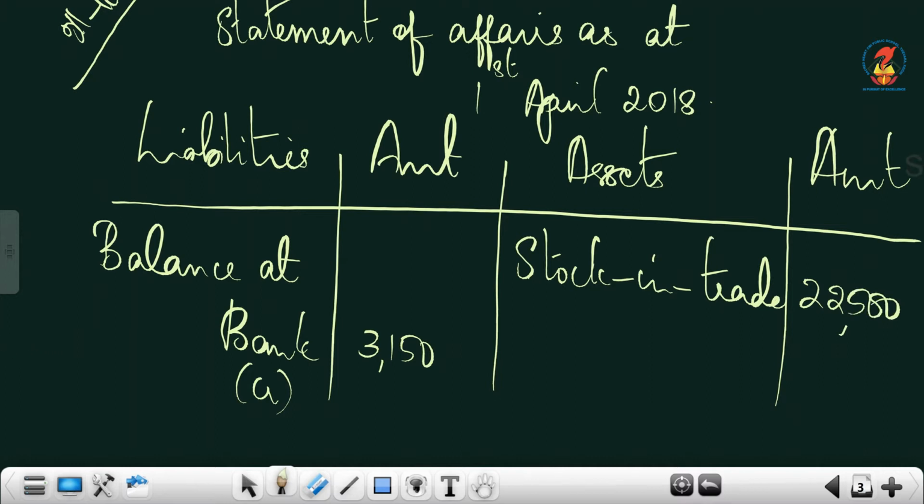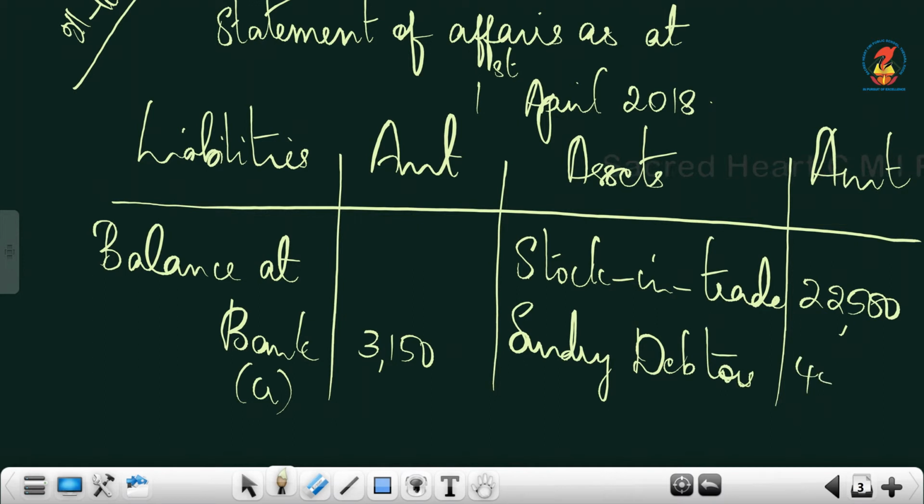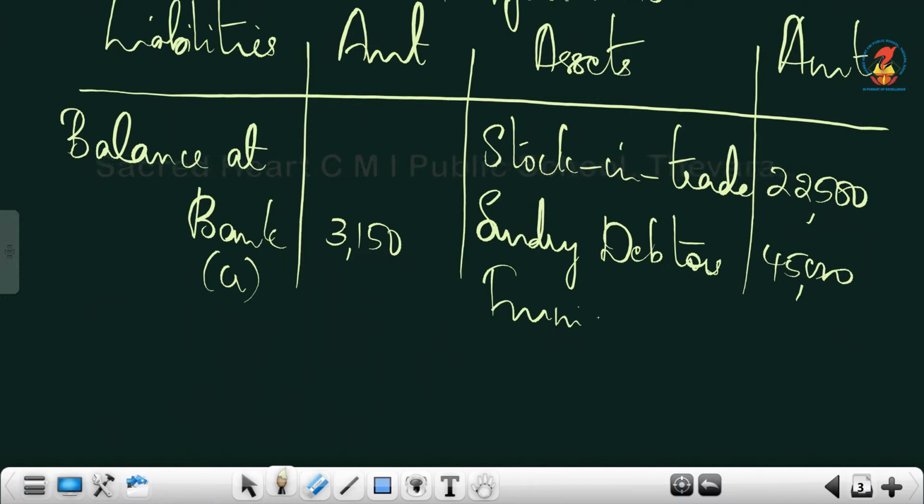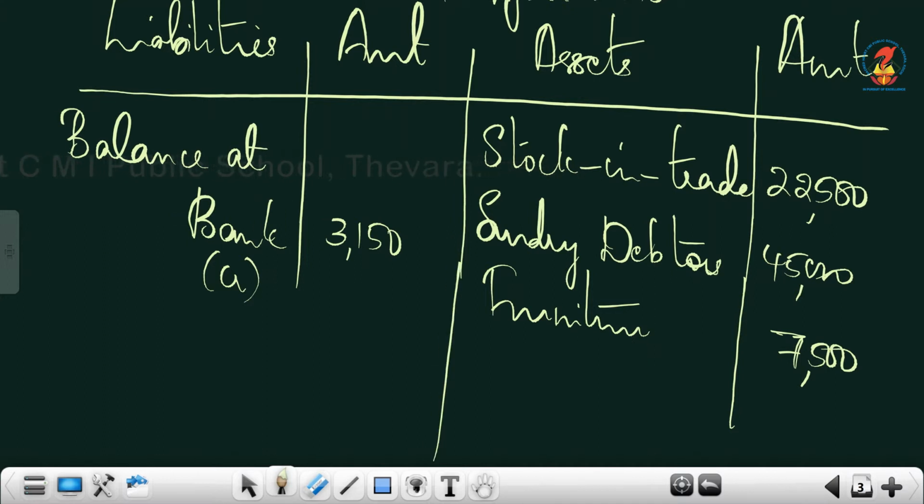Sundry debtors 45,000. Furniture 7,500. Investments 7,500.